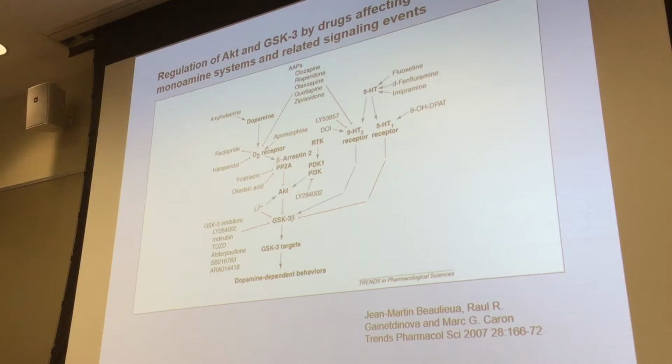We could also go through an example here of our serotonin receptor. When these receptors are activated, they could conceivably interact with the glycogen synthase kinase via their mechanisms of action to allow its activation or its inhibition.